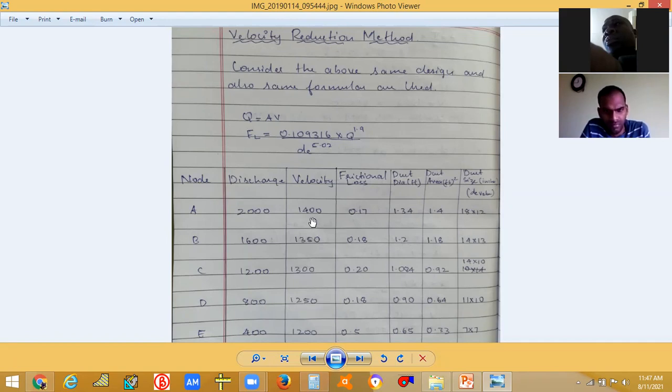You can see I have reduced the velocity by 50 FPM each time. From this, I could get the friction loss, duct dia, duct area, and duct size. Everything is the same way that we are calculating. The formulas are the same, but the methods are different.